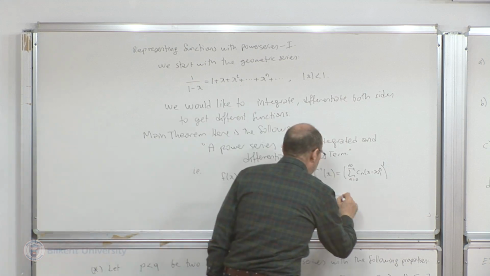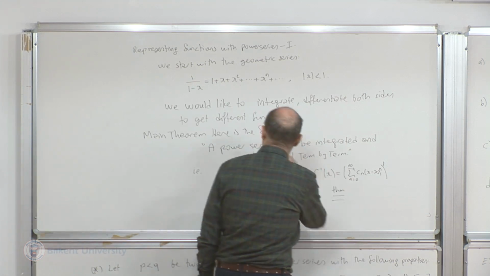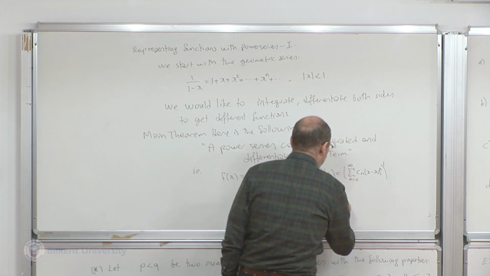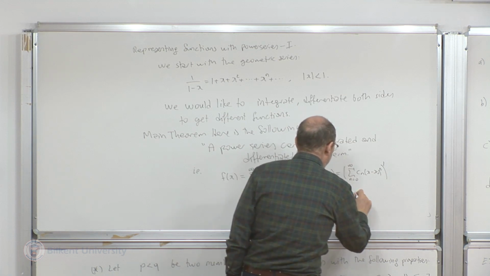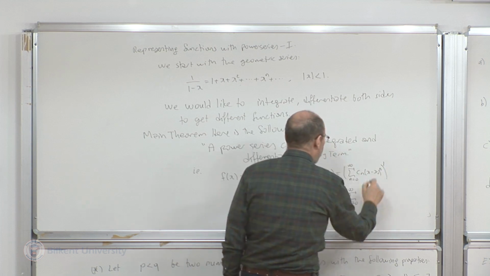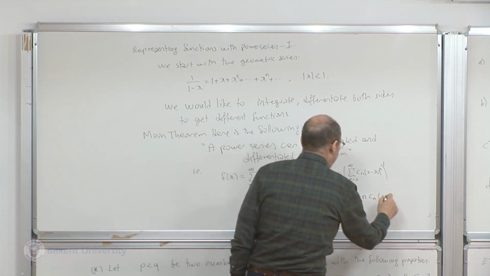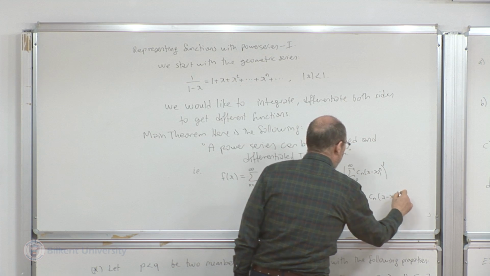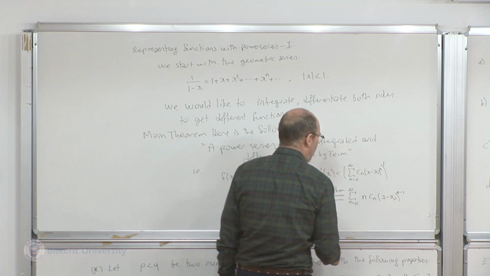The theorem says this is still equal to the term-by-term derivative: n comes down, and you have c_n (x minus x_0)^(n minus 1).